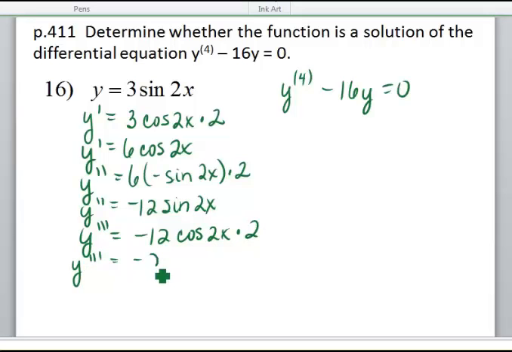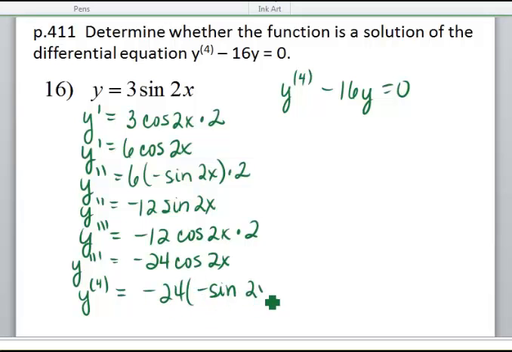So that gives me a negative 24 cosine of 2x. And then my fourth derivative would be negative 24 times negative sine of 2x times 2, which gives me 48 sine of 2x.